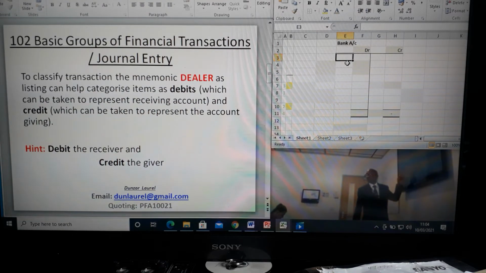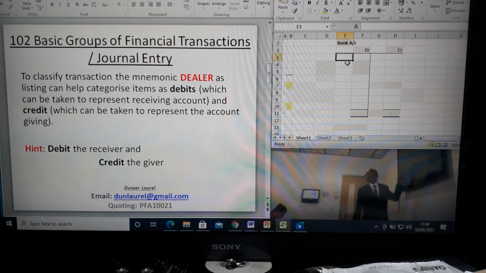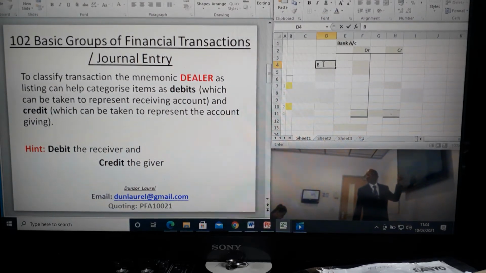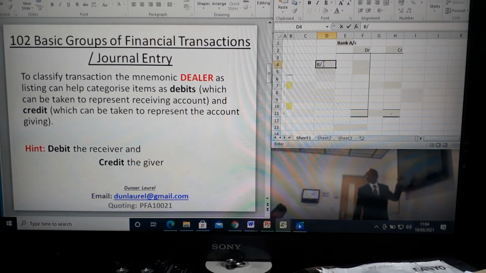With hindsight, I know that bank account is an asset and it will be holding a debit balance. Say we brought forward 5,500 to this account, balance brought forward. Say this is 5,500.